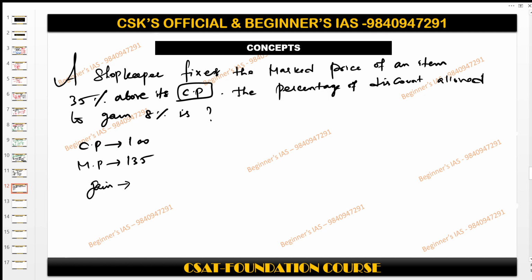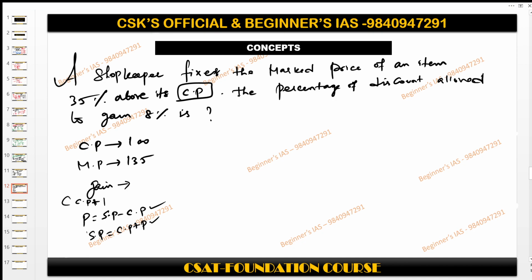Listen, profit is equal to SP minus CP. Selling price is equal to cost price plus profit. Understood, these terminologies?